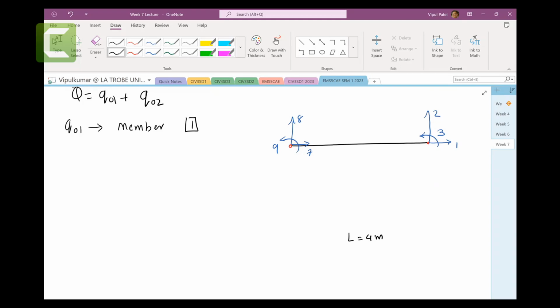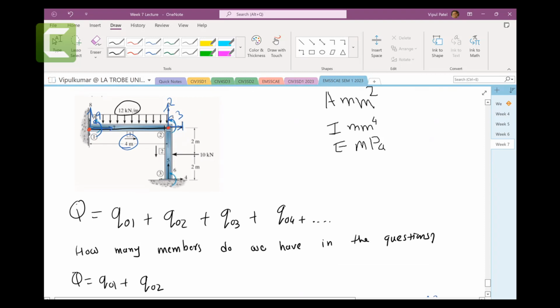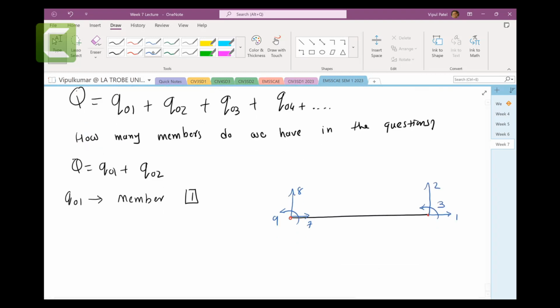All good? Do you have any questions in drawing these members which I drew here? All good, no questions. So if you have no questions, you're happy for me to put these 12 kilonewton meters here as well. So let me put this.